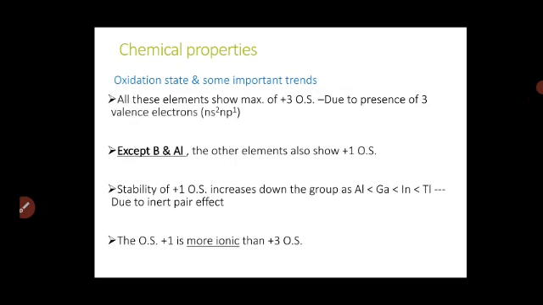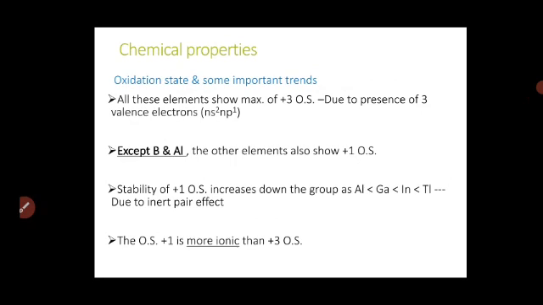Stability of +1 oxidation state increases down the group, means +3 oxidation state decreases down the group, as from aluminium to thallium. Now why is it? Due to inert pair effect.